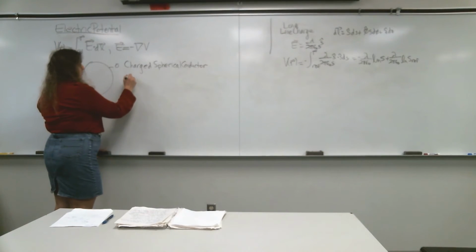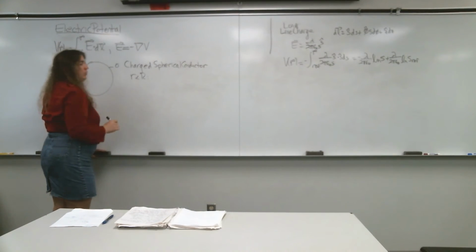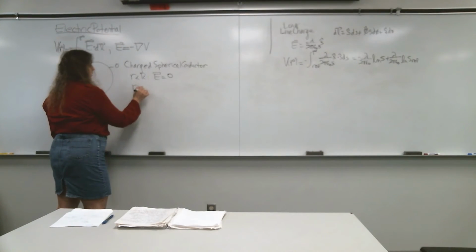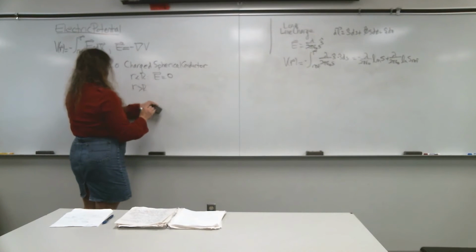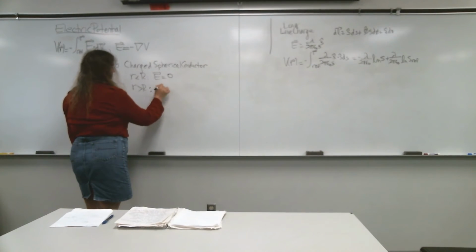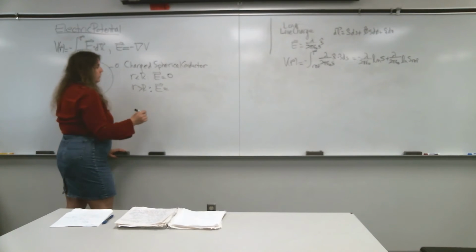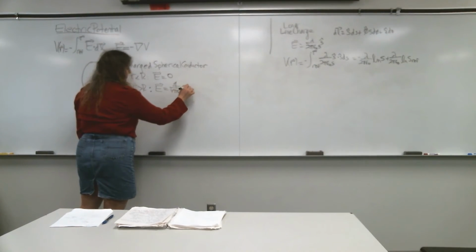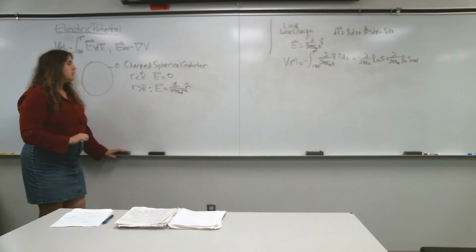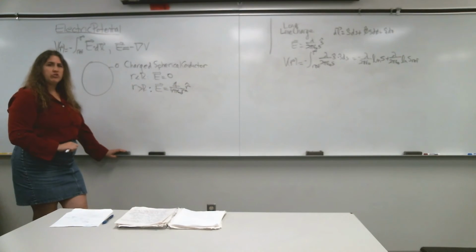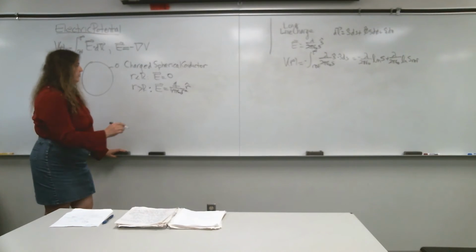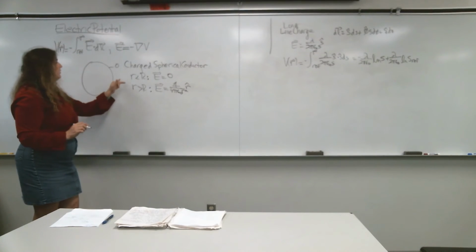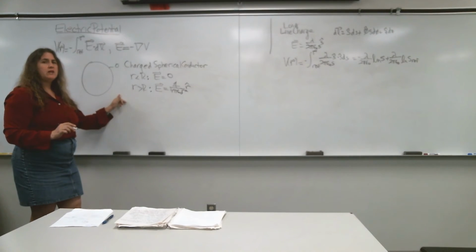We figured out before that when we were inside, the electric field vanishes in this case. When you're outside, the electric field just goes as Q over 4 pi epsilon naught r squared in the r direction. I'm going to calculate my potential first in the exterior region and then in the interior region.